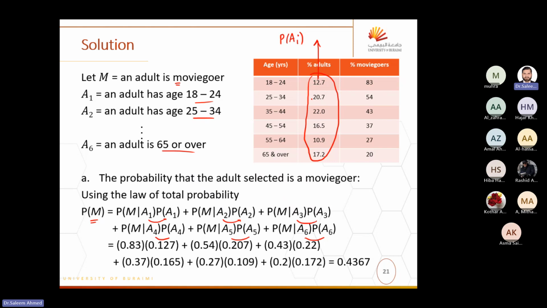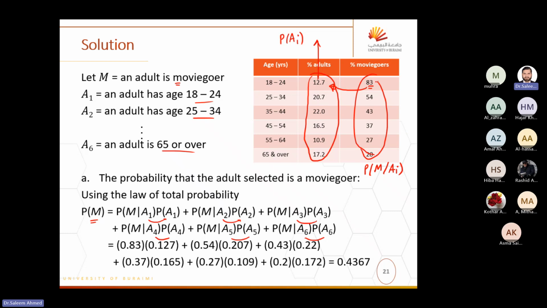Probability of A2 will be 0.207, and so on. And the third column gives you the percentage of moviegoers, that 83% from age group 1 go to movies. So these are the probabilities of moviegoer given that you are in age group AI. So these are the conditional probabilities in column 3.